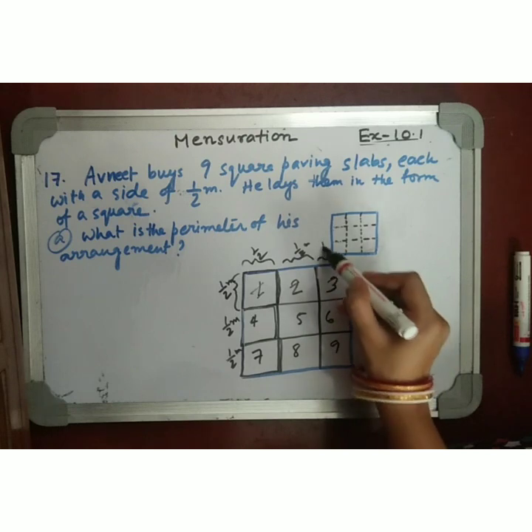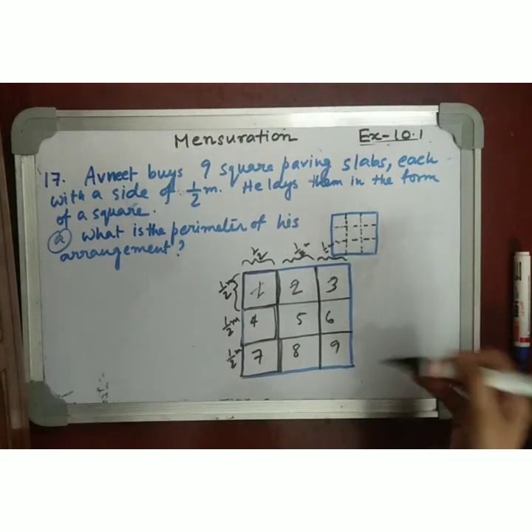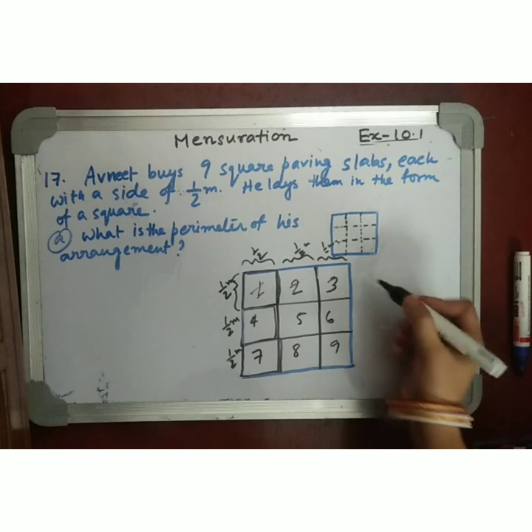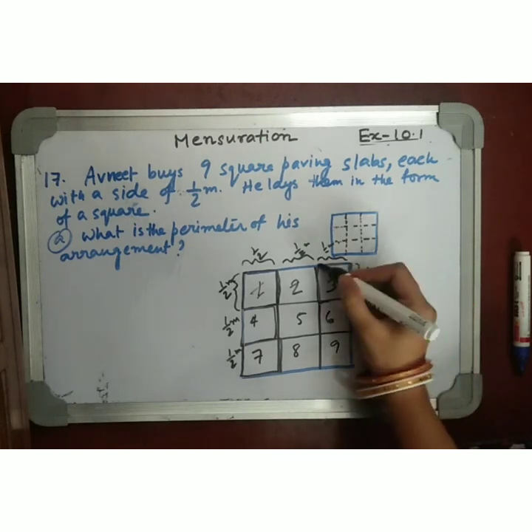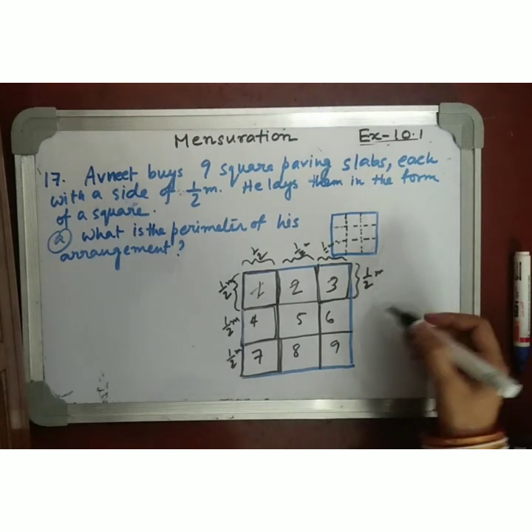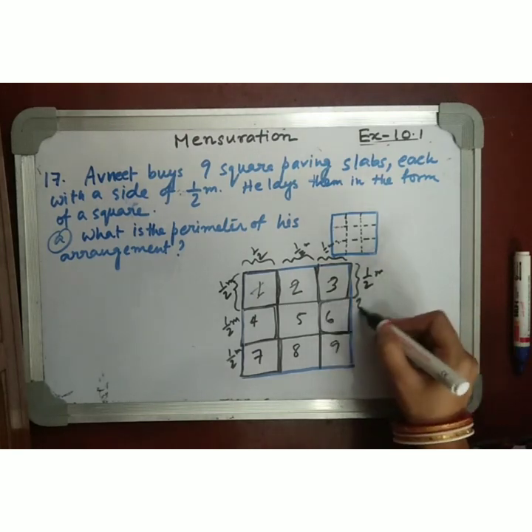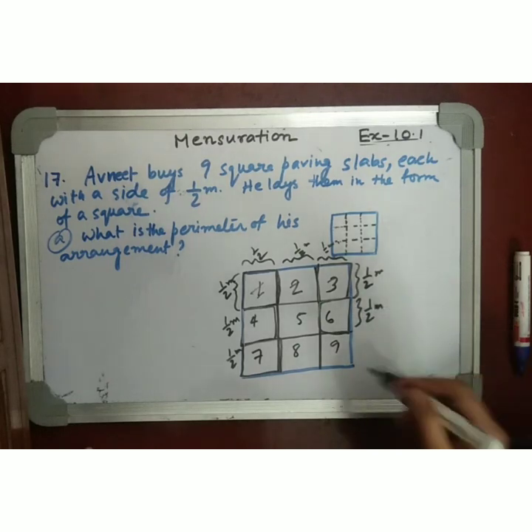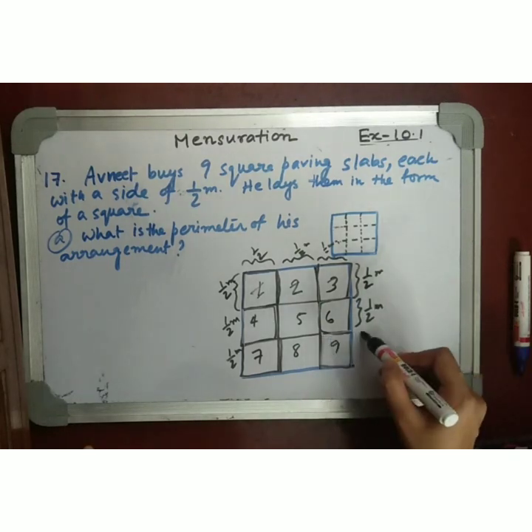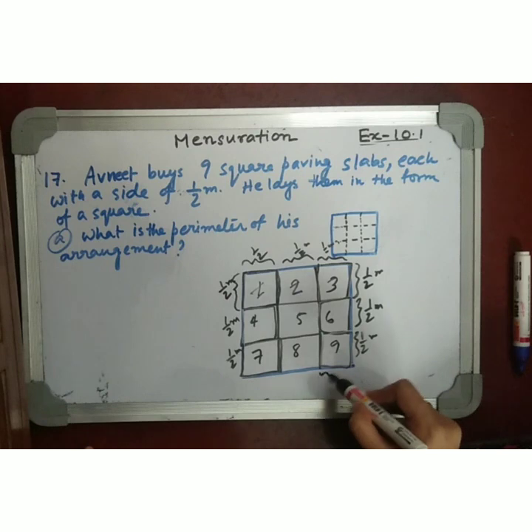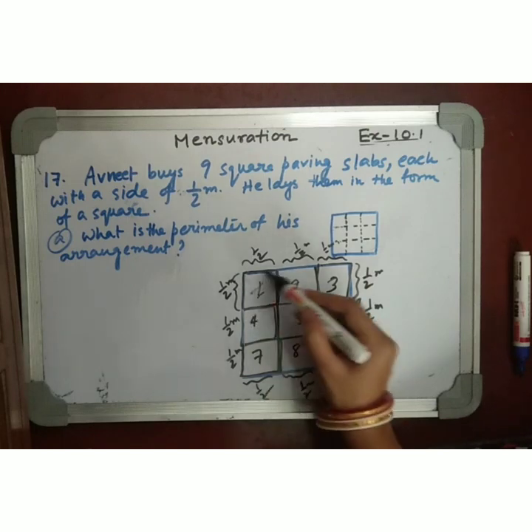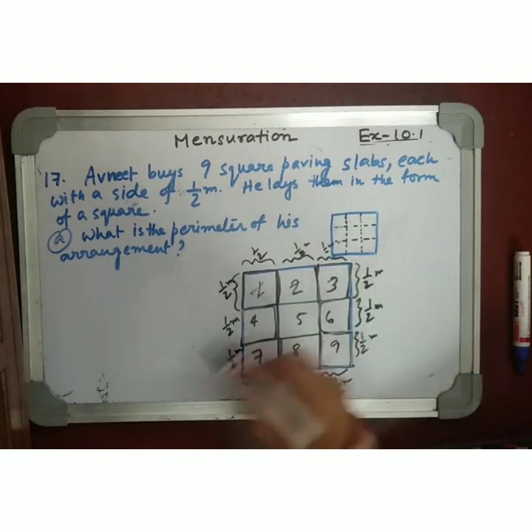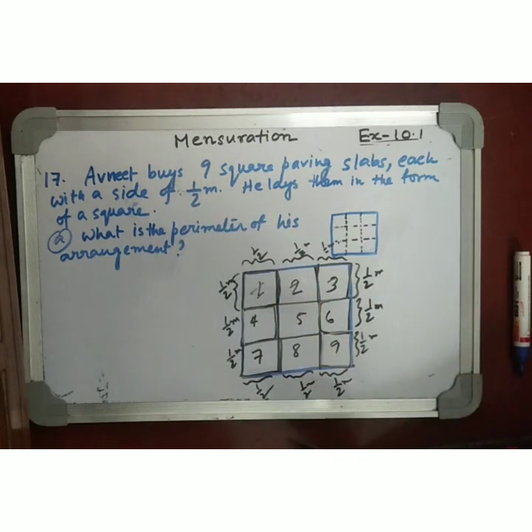Again, for the same reason, all the other squares also have half meter as their length. Just because all these are squares, all these will have half meter as their length.